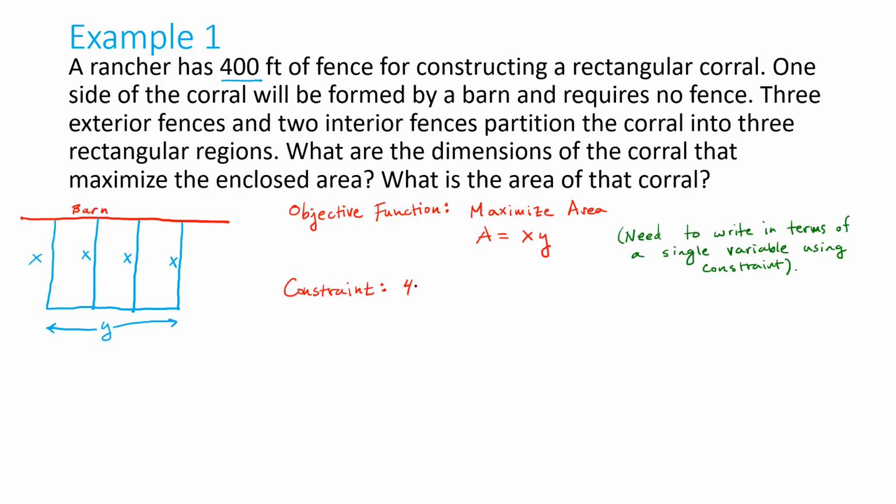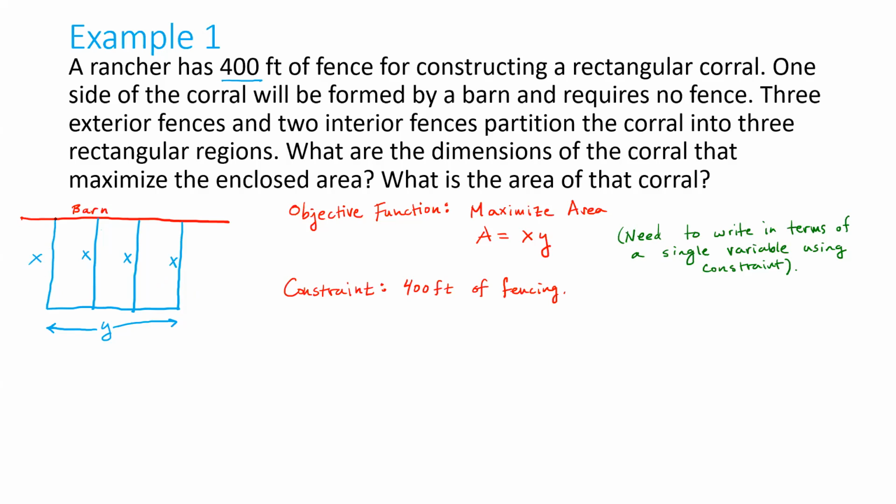To put this in terms of our variables, x being one side of our corral, y being the length of our corral, how much fencing is going to be used here in terms of x and y?